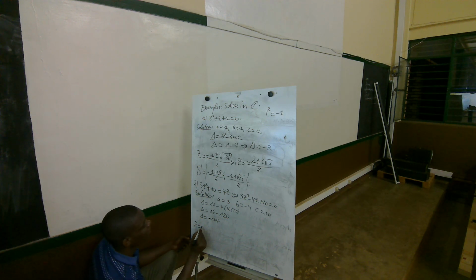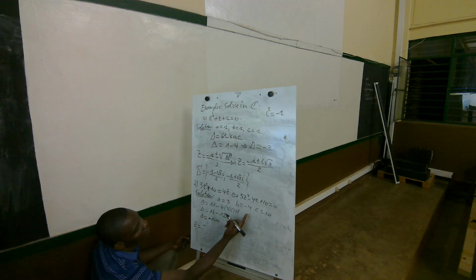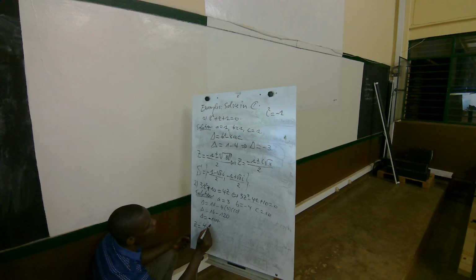It means that z will be equal to negative b. b is negative 4, so that is 4, plus or minus i square root of 104, over 2.